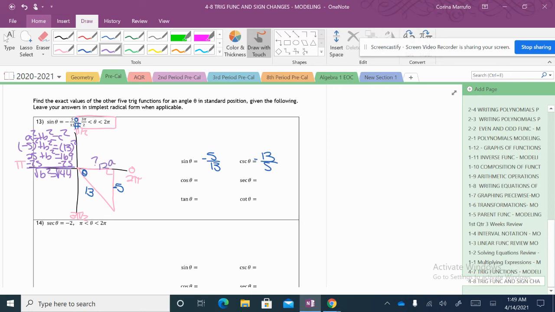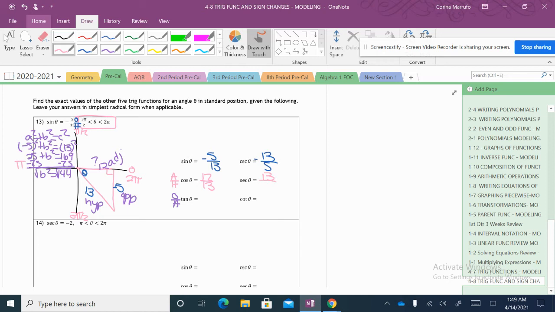Okay. This is my adjacent side, this is my opposite side, and this is my hypotenuse. So we're going to do SOHCAHTOA. So cosine is adjacent over hypotenuse, and tangent is opposite over adjacent. Okay, so this means that our cosine function is going to be 12 over 13.